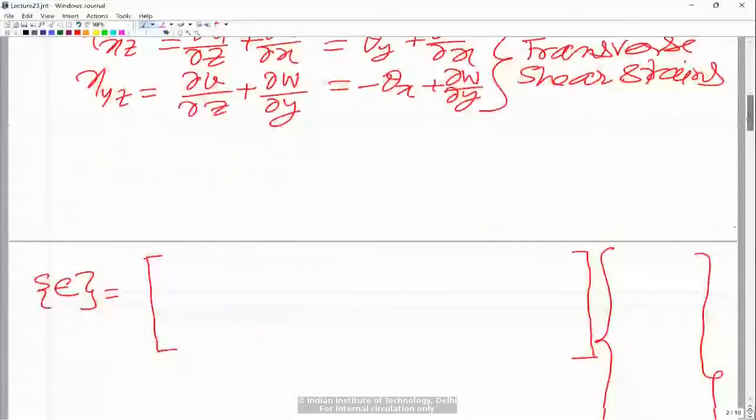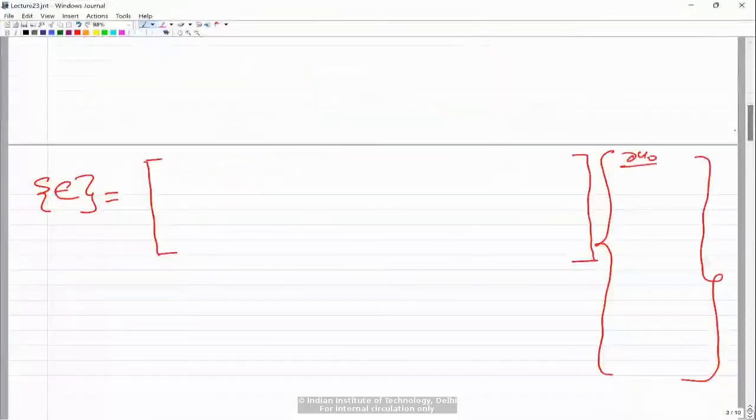So in epsilon xx you have del u naught by del x, then del v naught by del y, then del u naught by del y plus del v naught by del x. These are the terms which are independent of z.